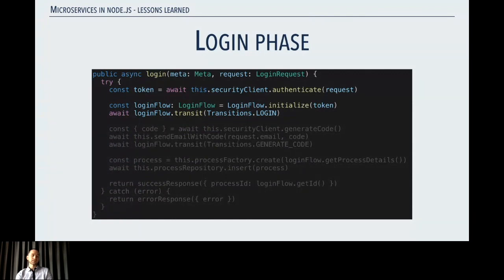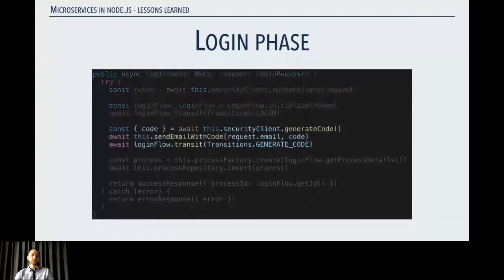If it fails, then we can inform the user that there was something wrong. But if not, then we can go further, and we can try to generate a 2FA code for him, and also send him that code in email. And once it's sent, we can transit to another state of our state machine.